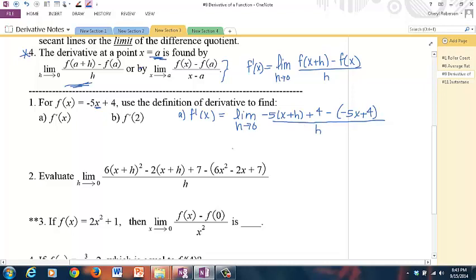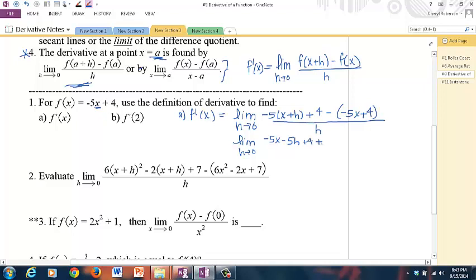Okay, now we need to simplify some of this algebra through here. So let's see what we can do with that. We have our limit as h approaches 0, and that's going to give us negative 5x minus 5h, and then we have our plus 4.